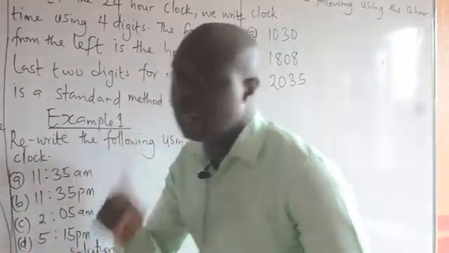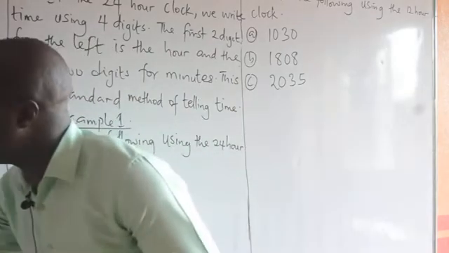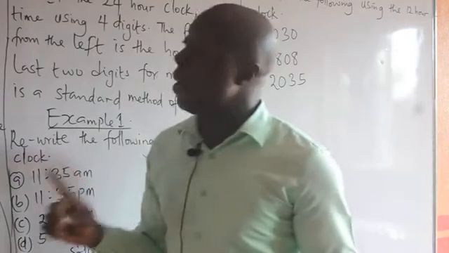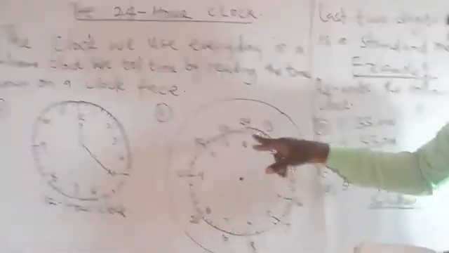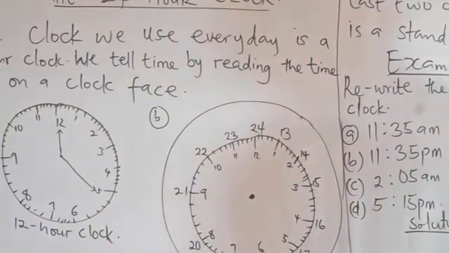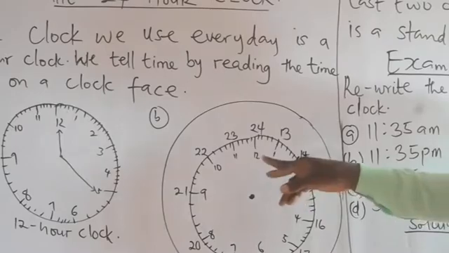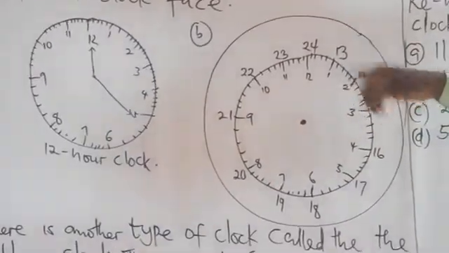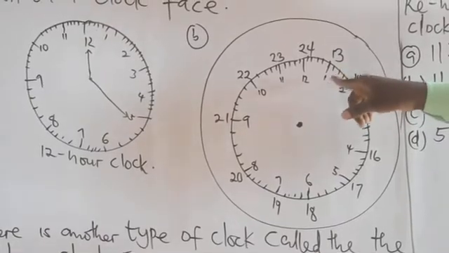Let me explain the 12-hour clock. The 12-hour clock is numbered from 1 to 12, and the 24-hour clock is numbered from 1 to 24. In the 24-hour clock, once it gets to 12 o'clock, the next number we read will be 13.